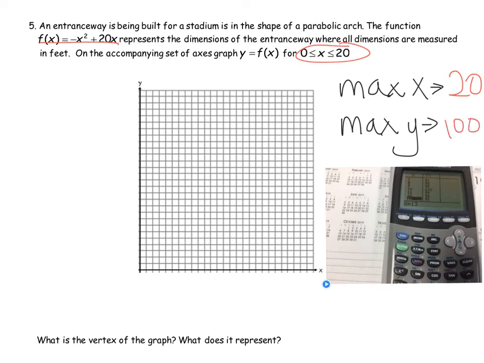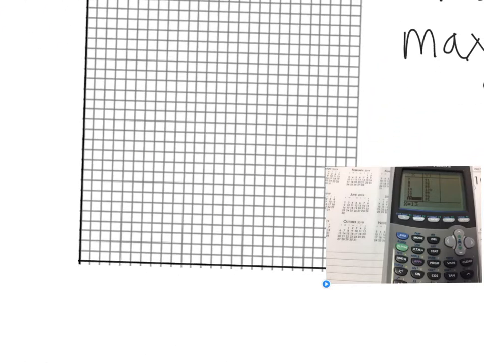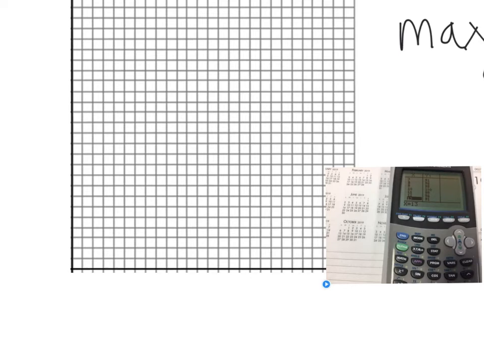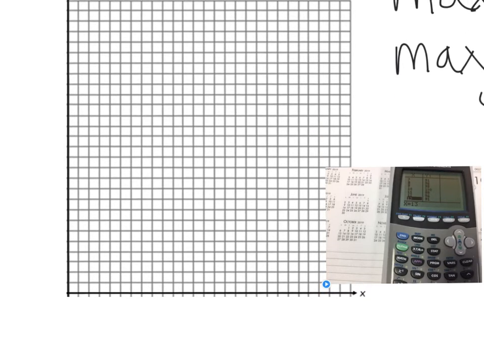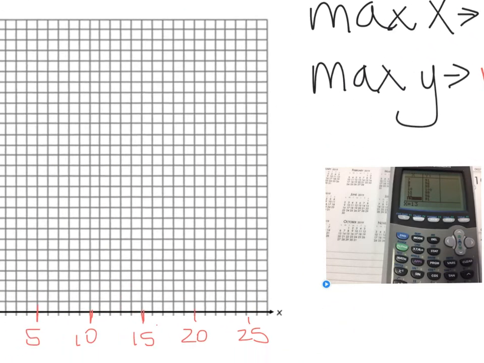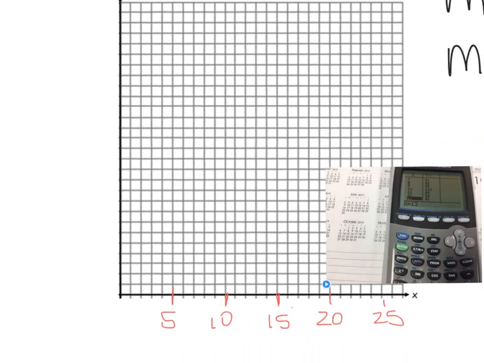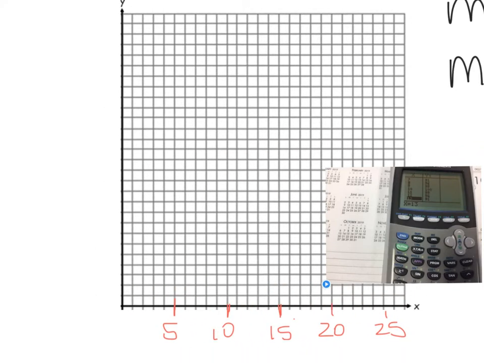So that means we need this to be going up to 20. We'll just go up by 5s. So we'll do 5, 10. And on the other side, I have to make sure I get up to 100, so I have to label it in a way. I think I'm going to go up by 25 so I have enough room for sure.